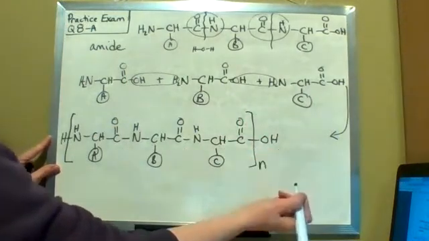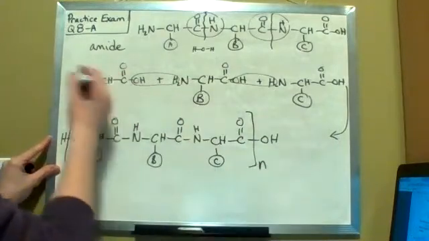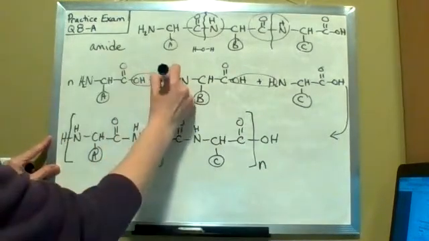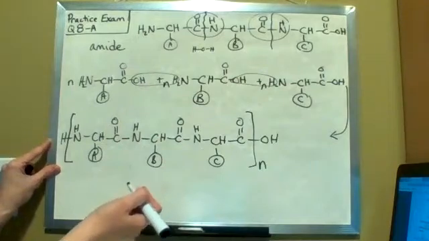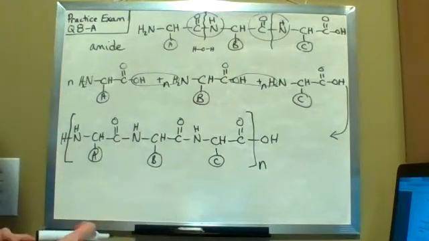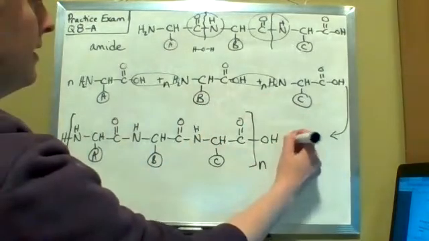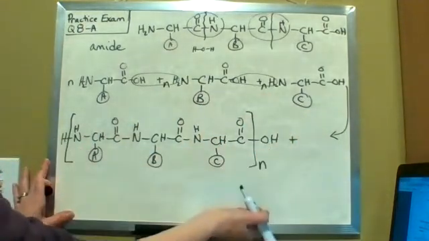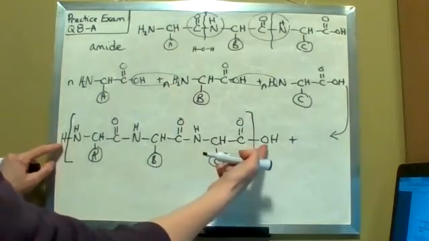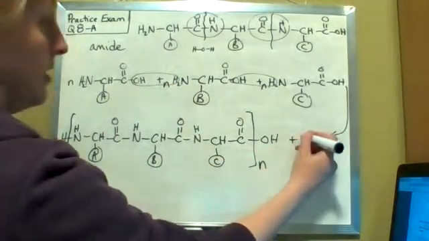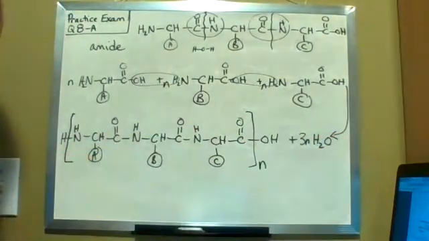You're going to put a little n there saying that this just keeps continuing. To balance everything, that means you had to add n of this, n of this, n of that. And what else is in there is the water. For every one of these, think about how many waters we generated: 1, 2, 3. So you're going to have 3n water that is also formed.